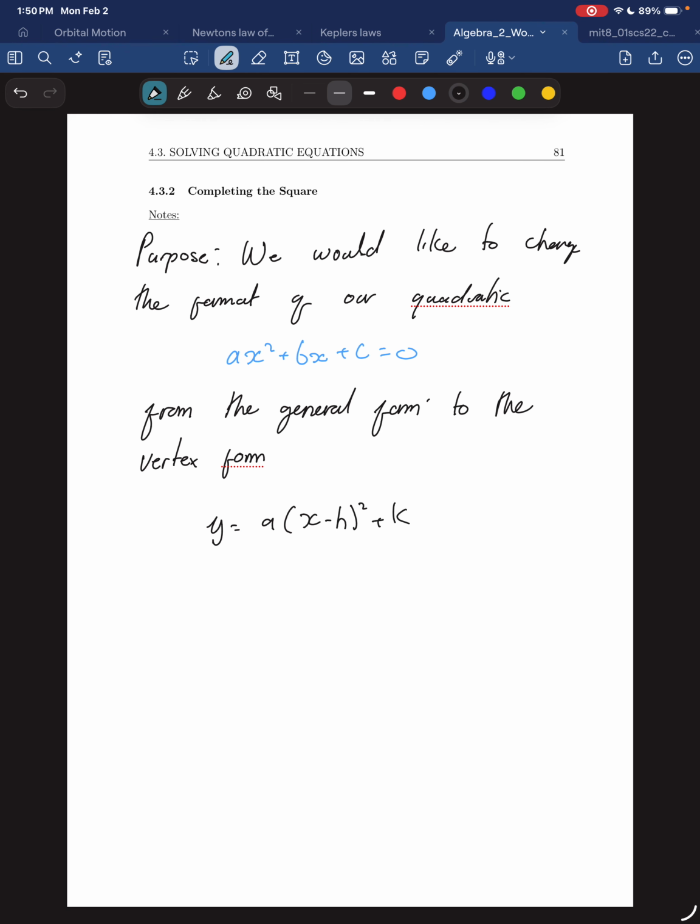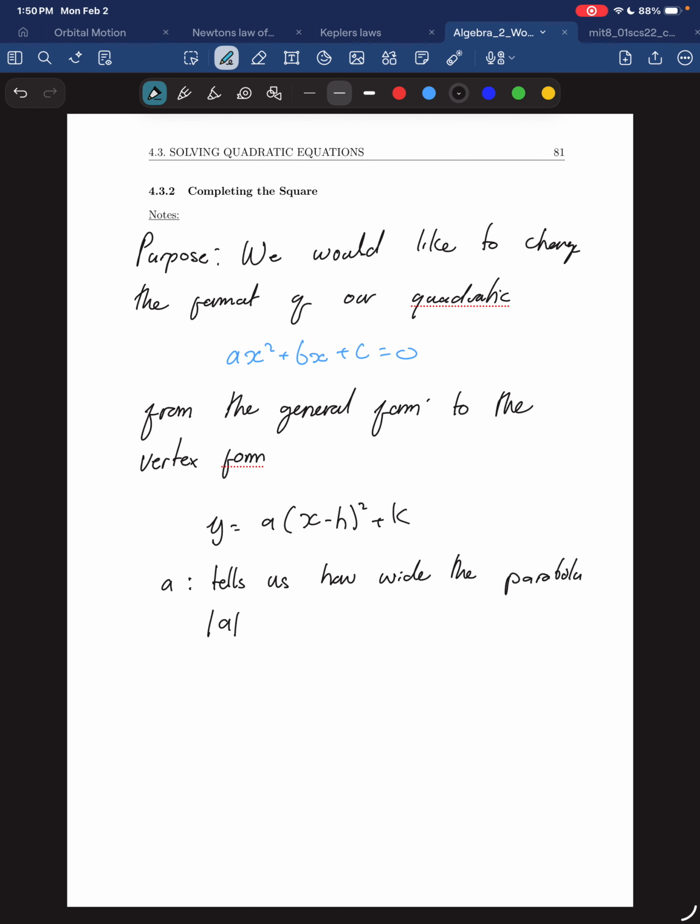I don't know if you remember this from absolute values. We talked about this briefly. Here, a tells us how wide the parabola is. Remember, we look at the absolute value of a, not just a.